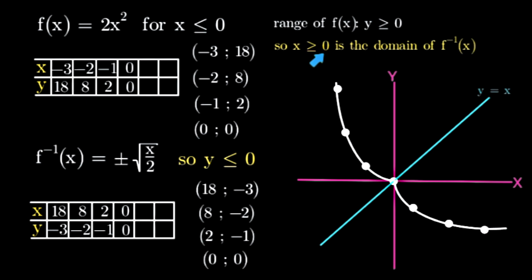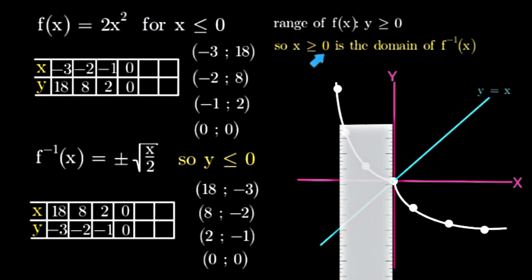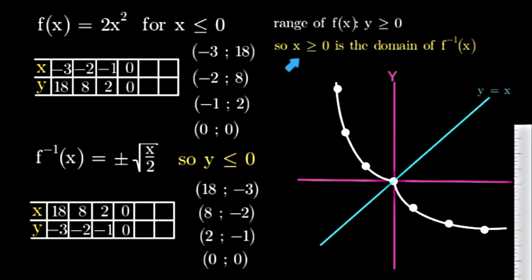So what does domain mean? How far to the left to how far to the right. So let's go and see if this works out. It goes as far left as 0 and all the way to the right to infinity. So it means it's all our x values from 0 all the way to infinity. So it's all the x values greater than or equal to 0.